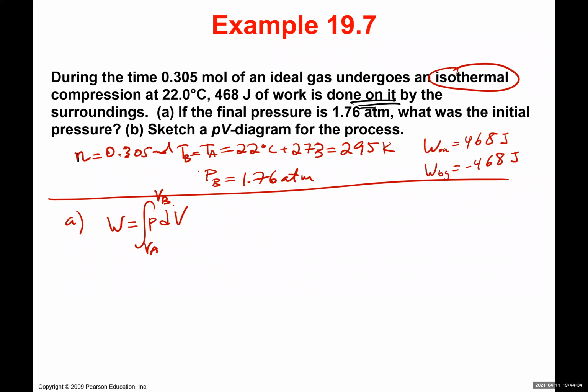Okay. So then we can replace P with nRT over V, so nRT times the integral of dV over V going from VA to VB. Okay. Then from what I have here it becomes nRT ln of V2 over V1. Remember, one thing we're not given is any information about the volume. Absolutely no information. We don't know the initial volume. We don't know the final volume.